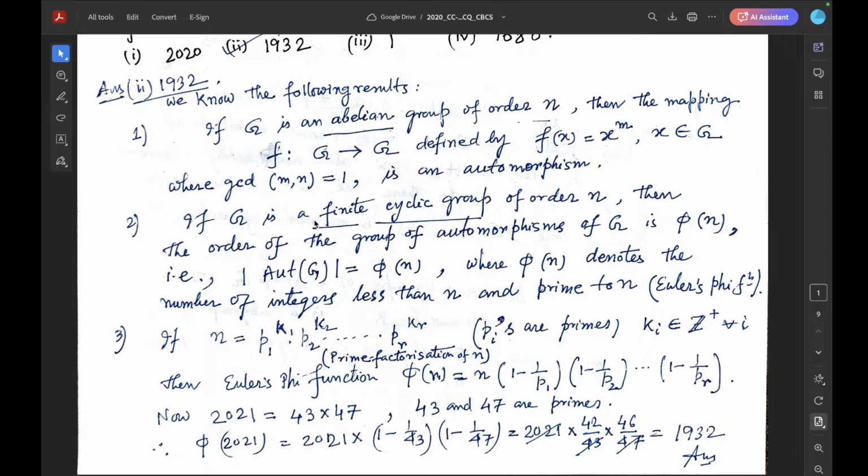If G is a finite cyclic group of order n, then the order of the group of automorphisms of G is phi n, that is order of Aut(G) equal to phi n, where phi n denotes the number of integers less than n and prime to n, that is this phi is the Euler's phi function.